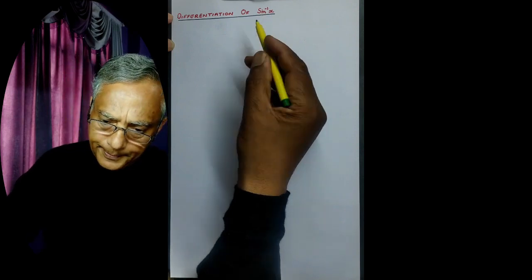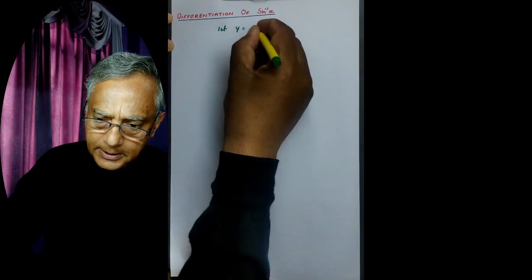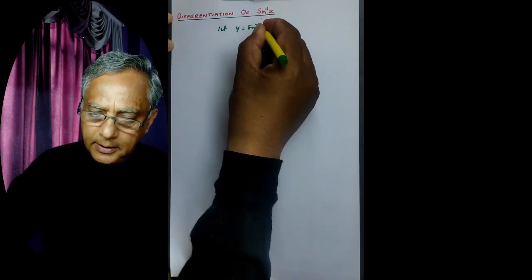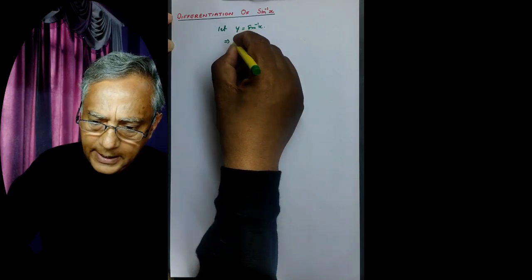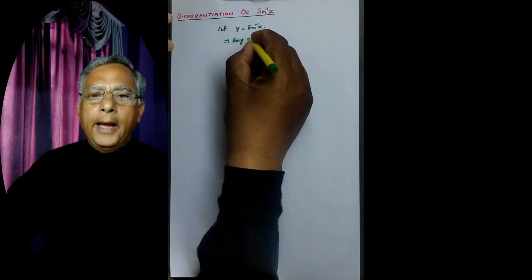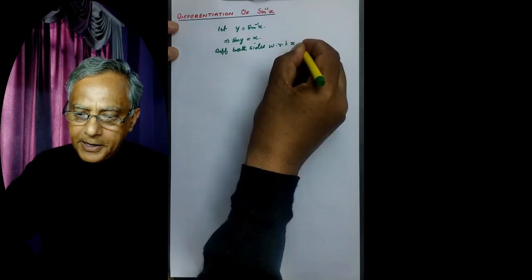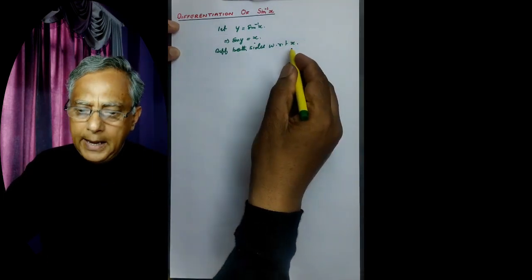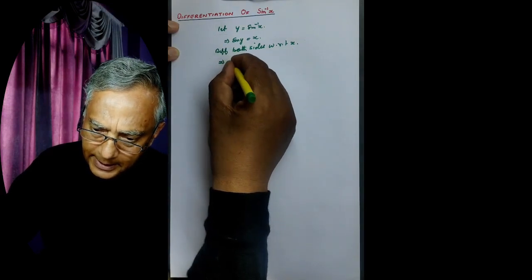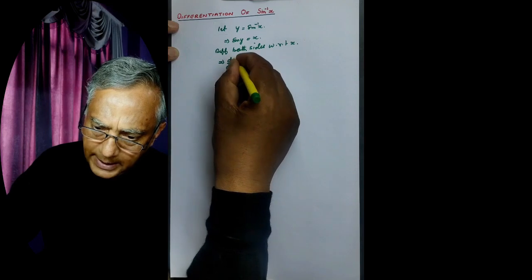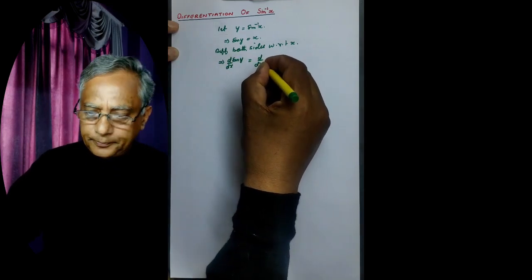Let y be equal to sine inverse x. Then this implies sine of y is equal to x. Now differentiate both sides with respect to x. What we get is d by dx of sine y is equal to d by dx of x.